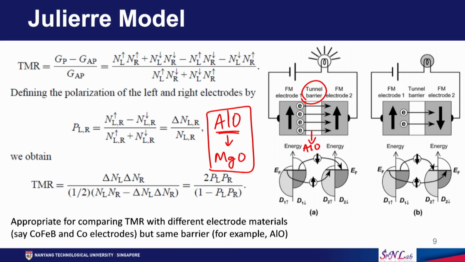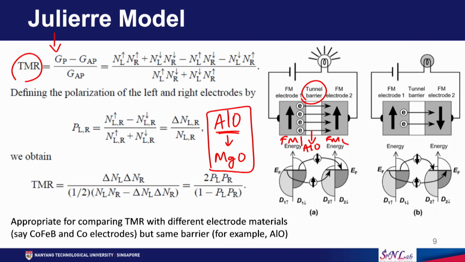The TMR value that we get in the Julliere model depends only on ferromagnetic layers 1 and 2. In the Julliere model, the TMR depends only on these two ferromagnetic layers, it does not discuss the tunnel barrier. So that is a drawback of this model.